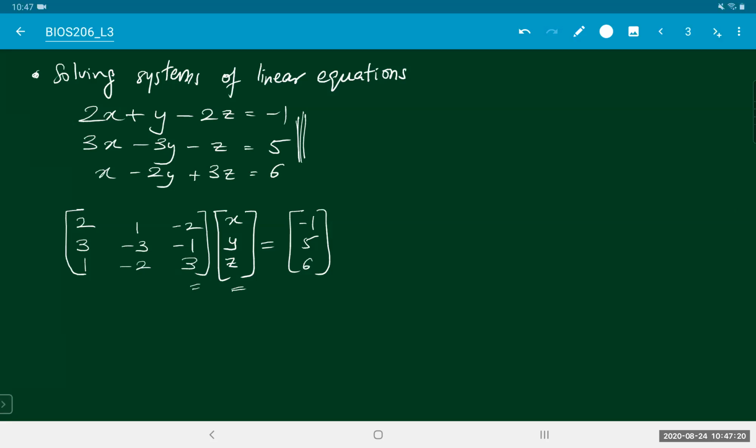Now I want to introduce three properties of matrices that are called elementary row transformations. If you have a matrix equation like this, you can do elementary row transformations without changing the meaning. What are the three elementary row transformations?